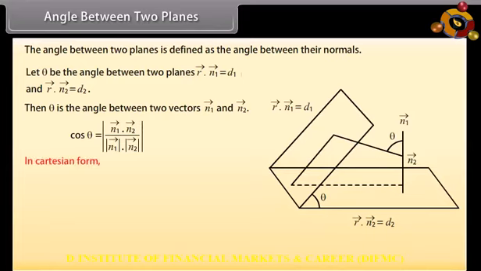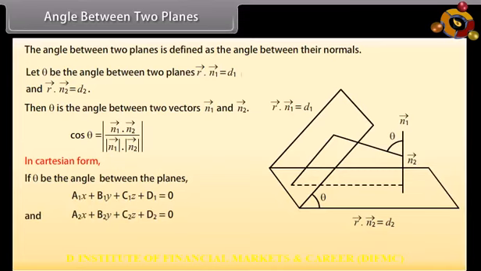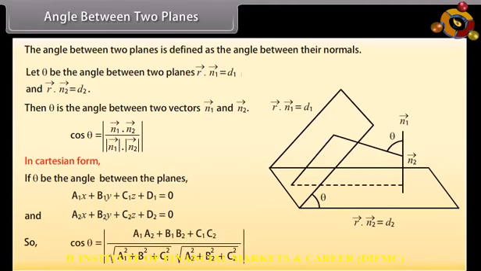In Cartesian form, if theta is the angle between two planes a1x + b1y + c1z + d1 = 0 and a2x + b2y + c2z + d2 = 0, then cos theta equals the modulus of a1a2 + b1b2 + c1c2 divided by the square root of a1² + b1² + c1² times the square root of a2² + b2² + c2².